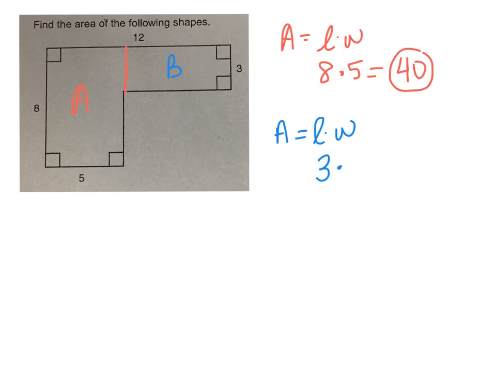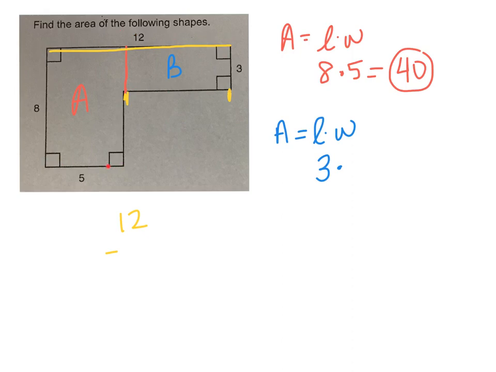So if I know that this entire side length here that I'm doing in yellow is worth 12, but I only want from here to here, I'm going to have to do some subtracting. So I've got my whole side length of 12 minus, and we're always looking for sides that are going the same direction, that are parallel. So that 12 is going across this direction, side to side.